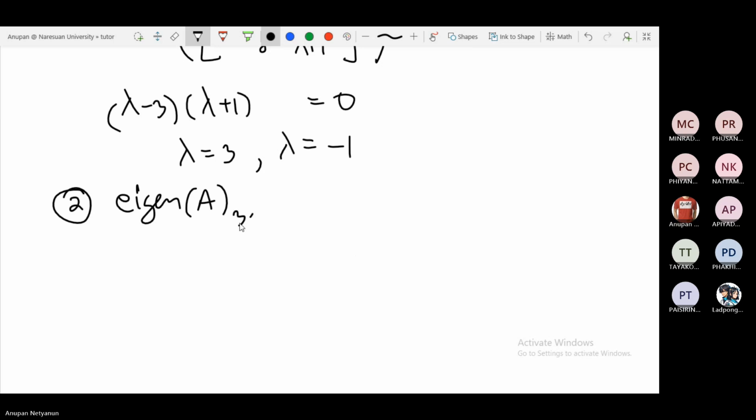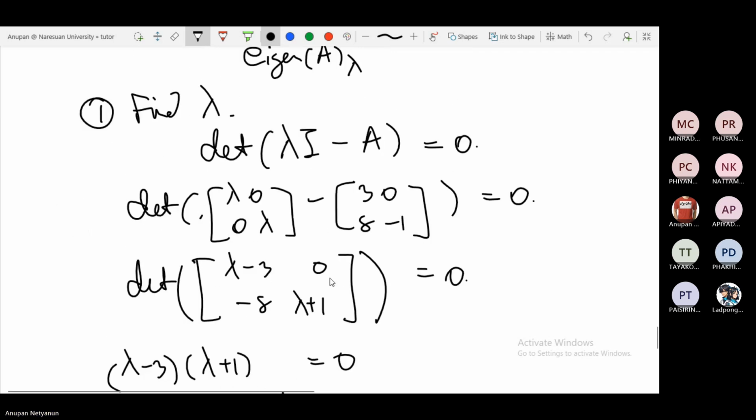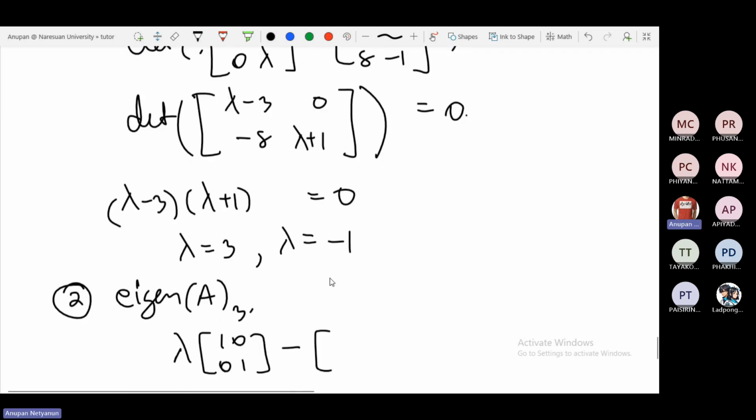So what I'm going to do is we need to consider this equation: lambda I2 minus A, which is [3 0; 8 -1].